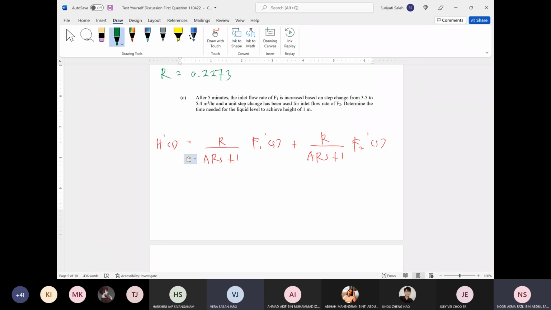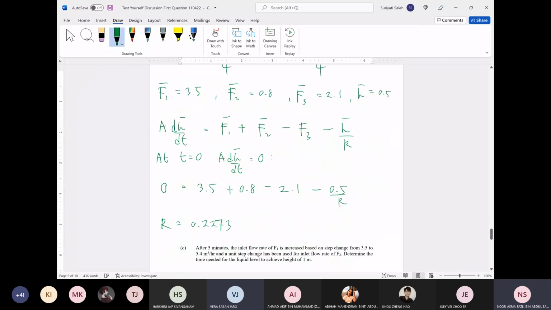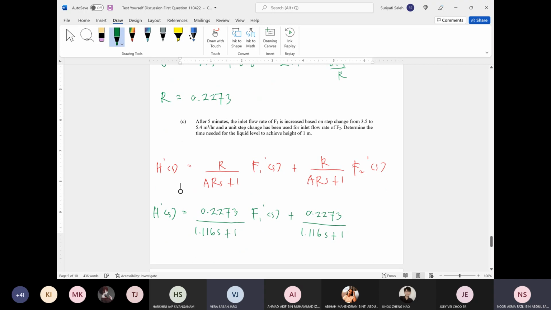The next step is for me to substitute the values, where R is 0.2273 and AR is 1.116: 0.2273 over 1.116 S plus 1 times F1, plus 0.2273 over 1.116 S plus 1 times F2 prime.